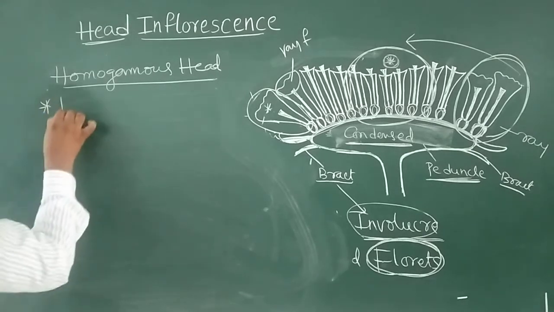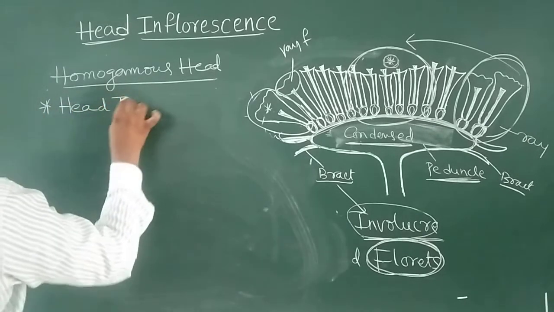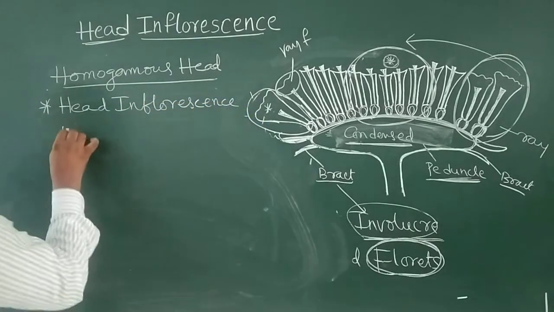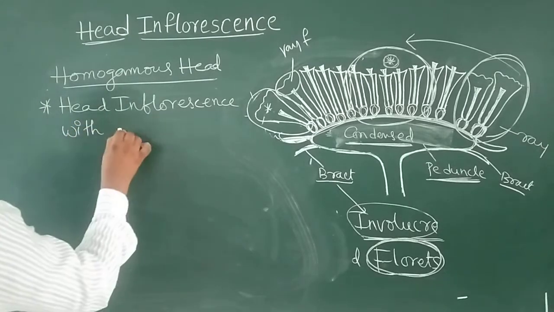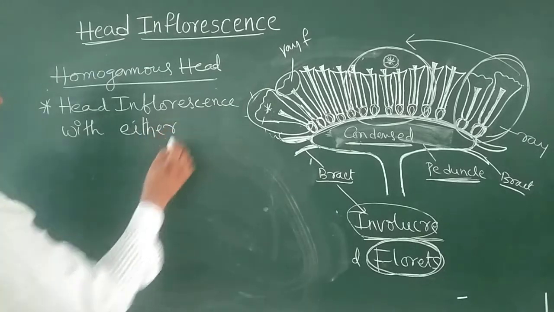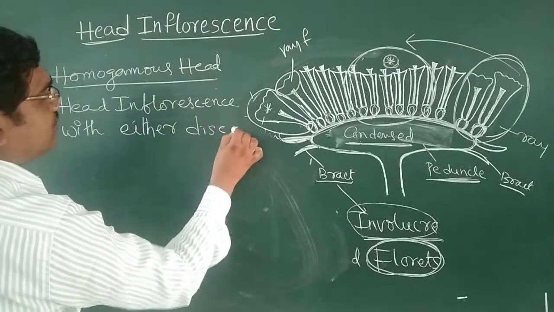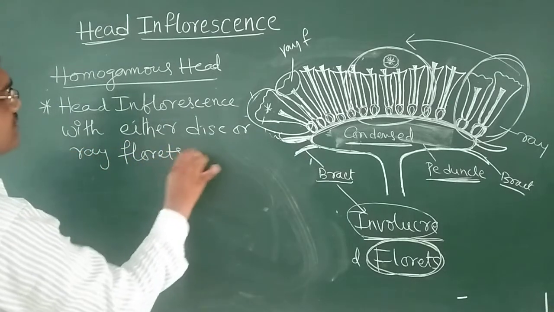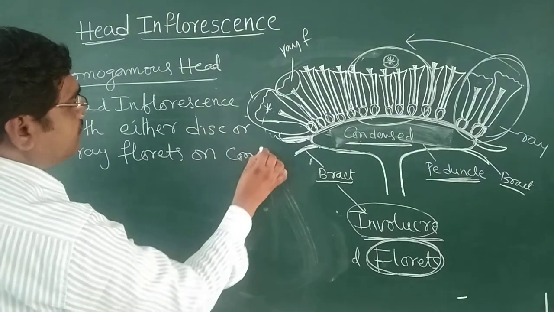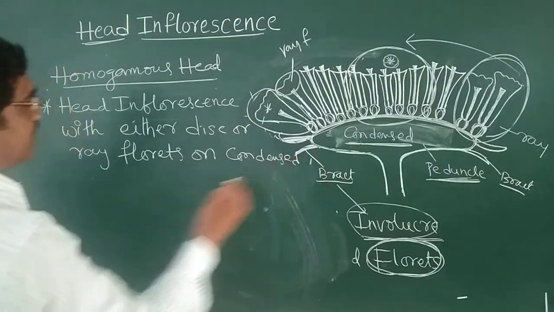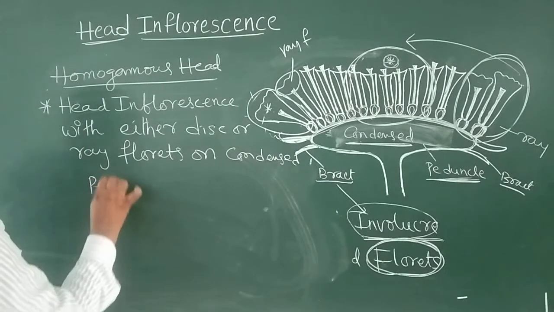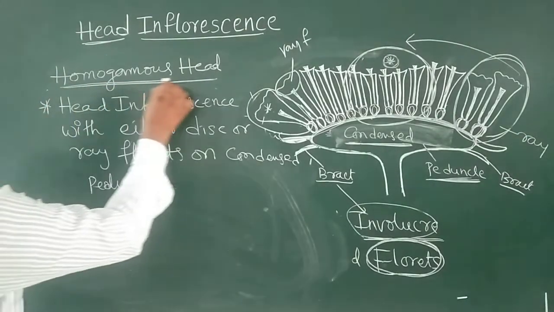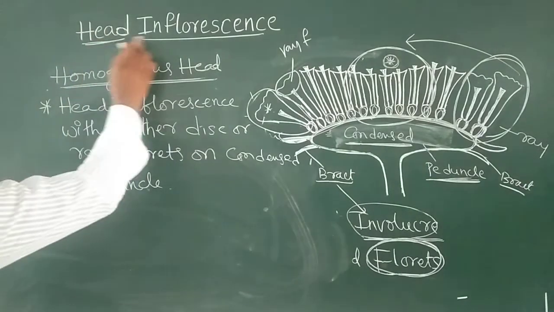See here, the head inflorescence with either disc florets or ray florets on the condensed peduncle. So here the head inflorescence is of two types.